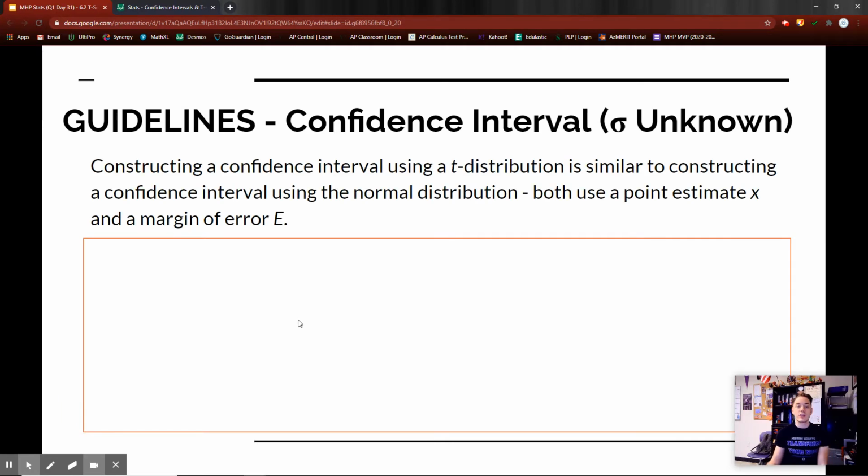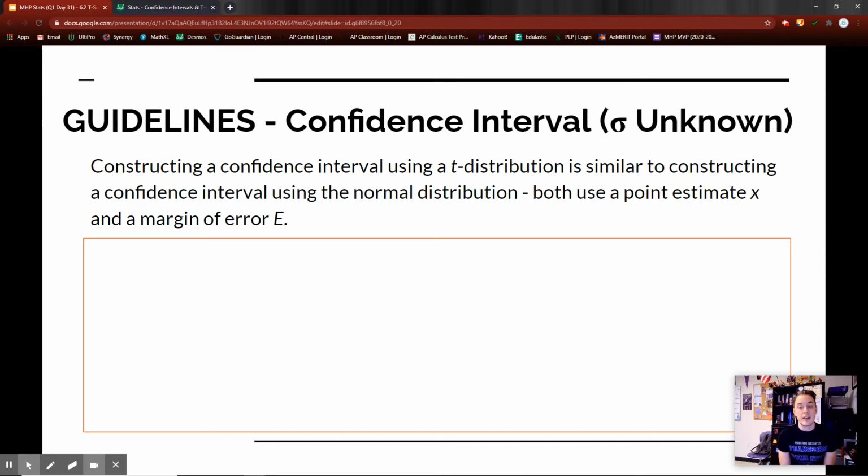How can I actually calculate a confidence interval even if I don't know my population standard deviation? Constructing a confidence interval using the t-distribution, instead of what we did yesterday with the z-distribution, is similar to constructing a confidence interval using the normal distribution.